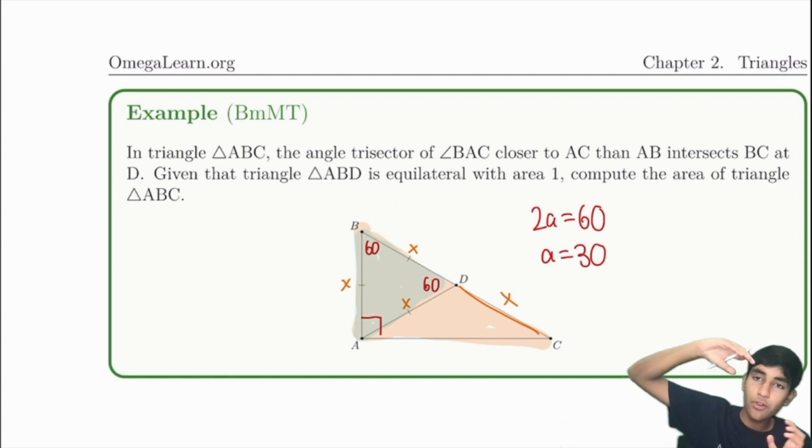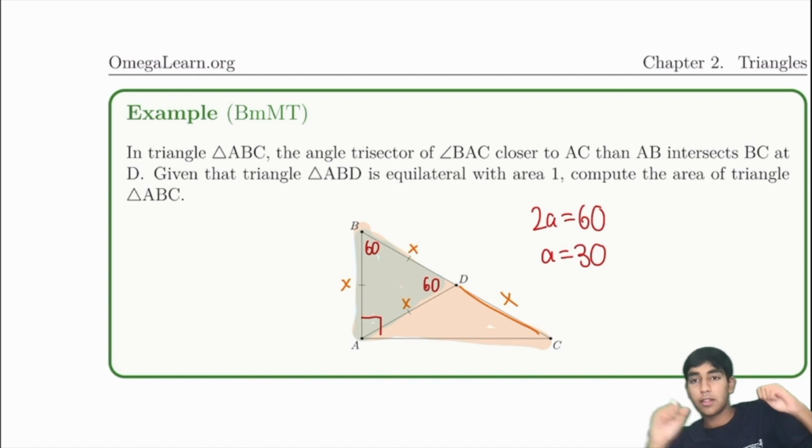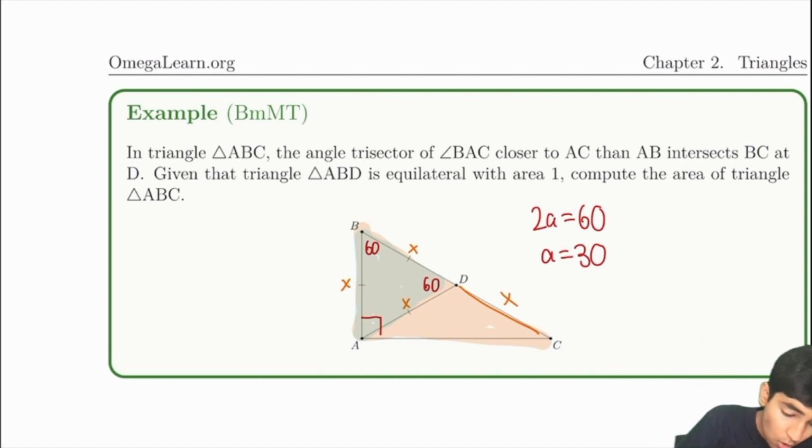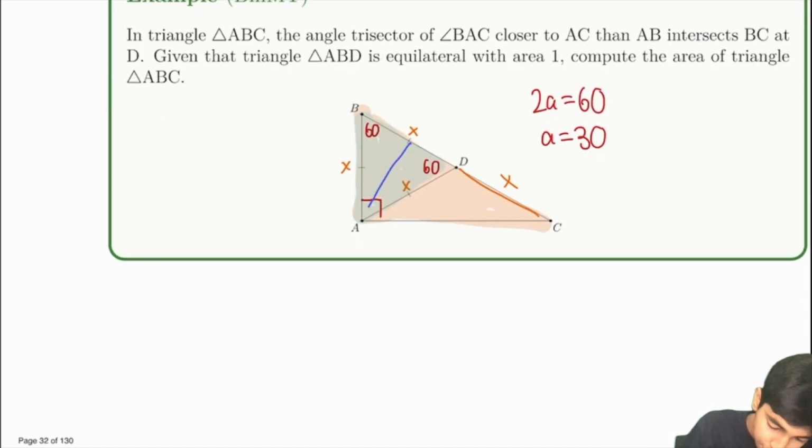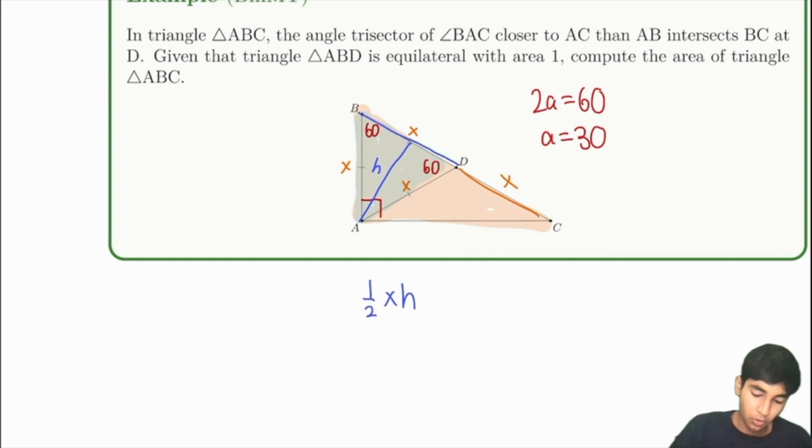Now imagine just rotating this triangle on its hypotenuse. Now, the area of this equilateral triangle is half base, which is x, times height, which is h, and that equals 1. Now the area of triangle ABC is half, 2x is the base, and then the height is also just h.